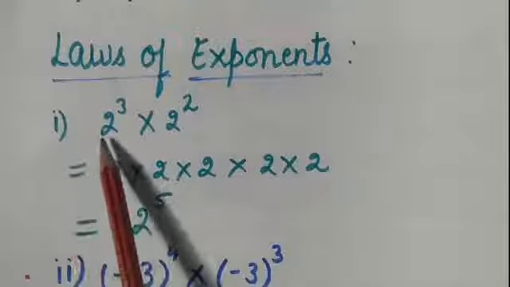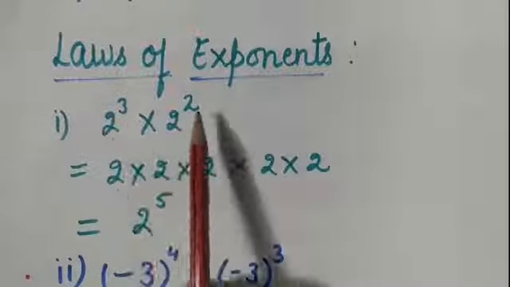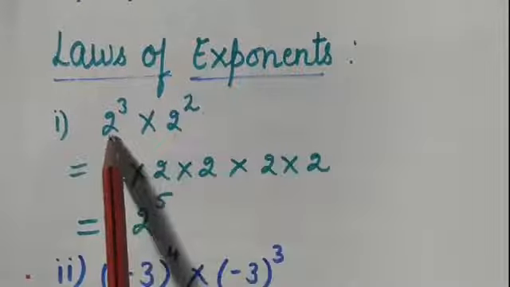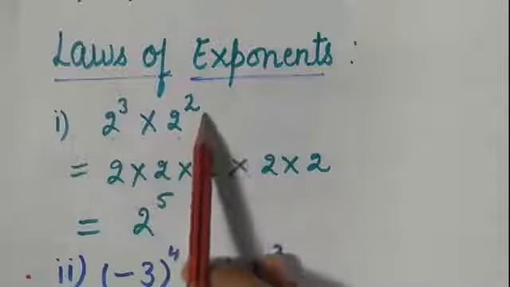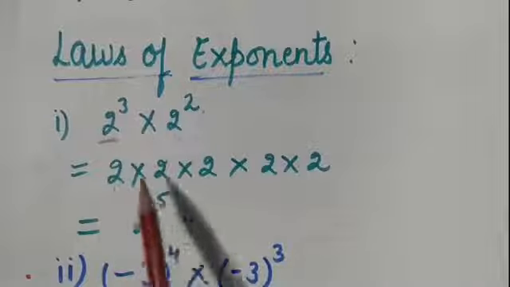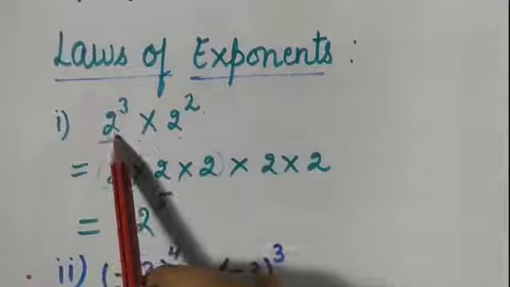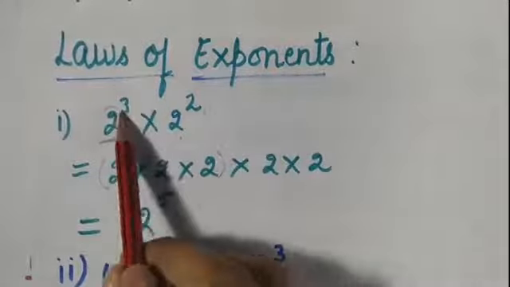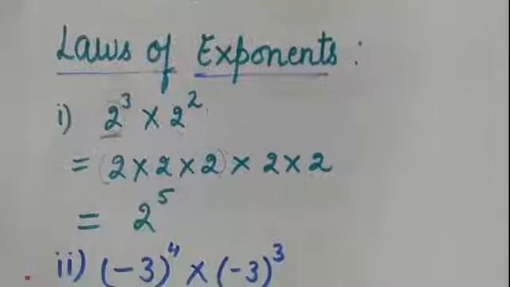Here I have taken 2 raised to the power 3 into 2 raised to the power 2. 2 raised to the power 3 means 2 into 2 into 2, because the base denotes the number which is being multiplied, and the power denotes the number of times the base is multiplied.